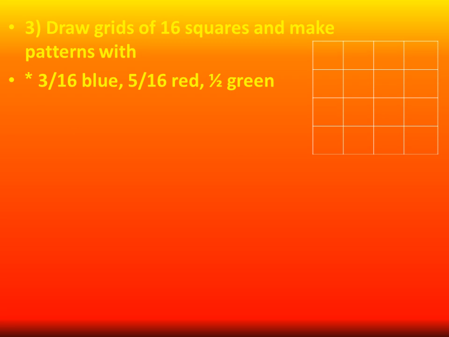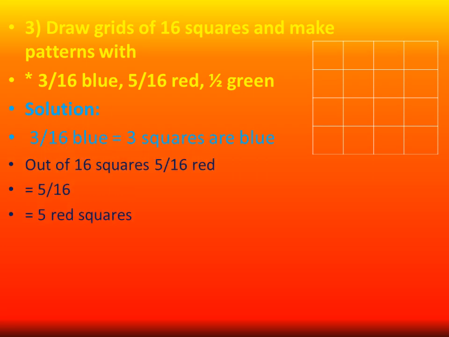So half of the total, how many squares are there? 16. So half of 16 is 8. That means we have to color 8 squares green. So let's see. We colored 3 squares blue, and then out of 16 squares, 5 are red.